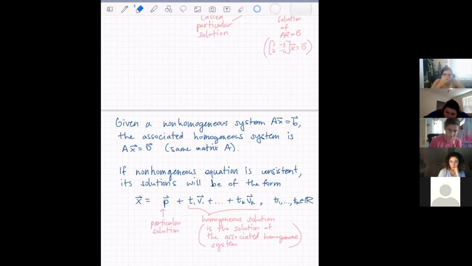A question. Yeah. Does anything happen if the homogeneous system has a solution, but the non-homogeneous system doesn't? Right. In that case, then you don't get a solution of this form.